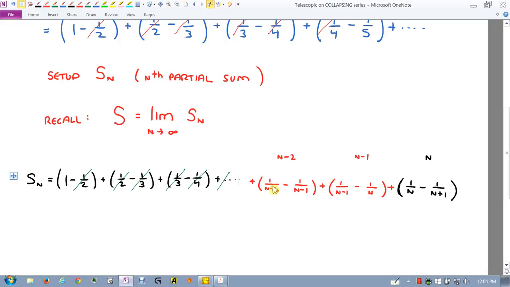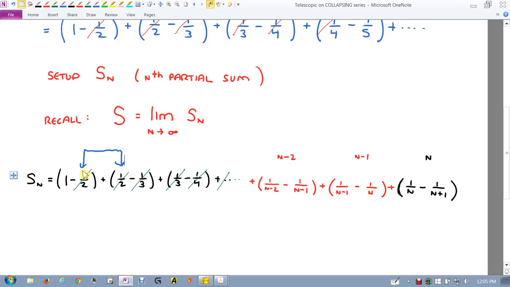So listen to the way I'm talking here, because, again, it's going to be very helpful in the next example. The pattern of killing that we're seeing here is like this. The second term in the first expression here is canceling with the first term in the next expression. The second guy kills off the first guy, the next one over. There are so many different ways you can say this.